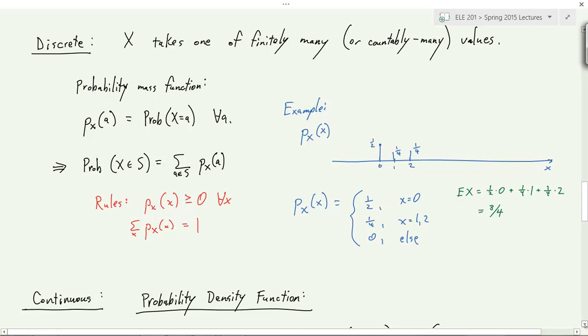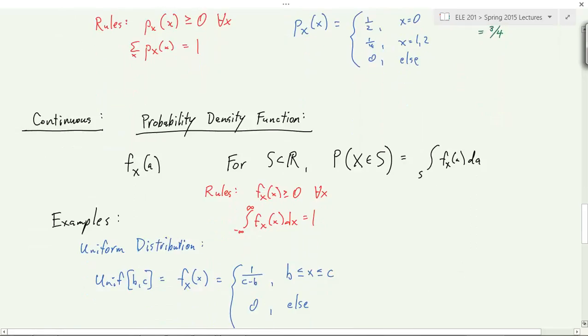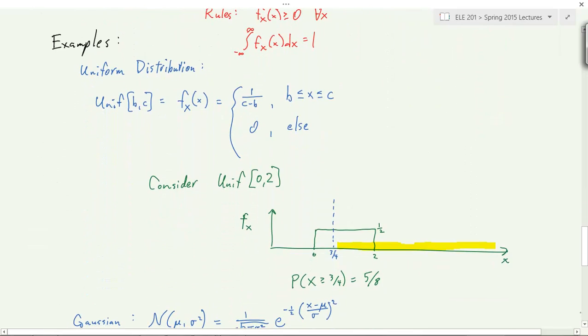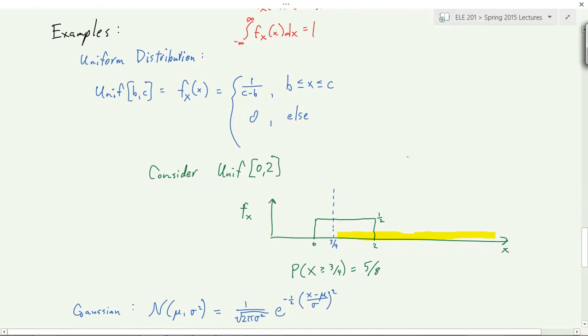How about if we go down here? Let's do this one. The expected value of x is going to be the integral from negative infinity to infinity of this density.